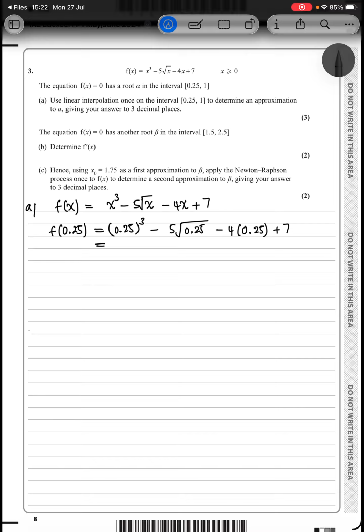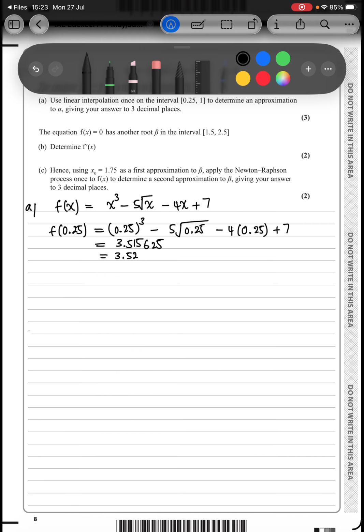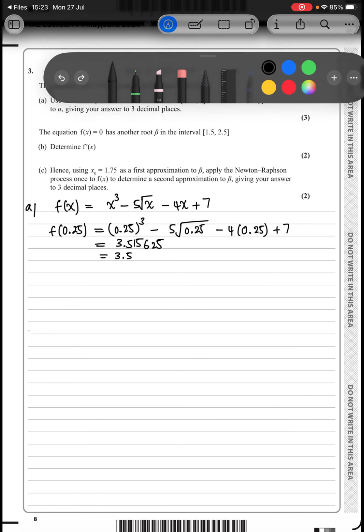Which is 3.515625, and I always prefer writing it to 3 significant figures, so let's write that down. 3.52, or we could also write it to 3 decimal places because the question tells us to give the answer to 3 decimal places.